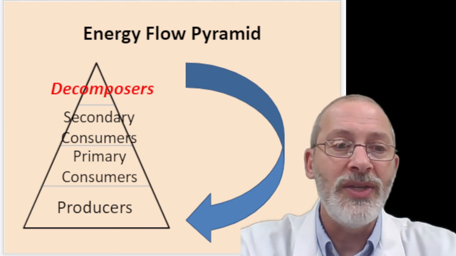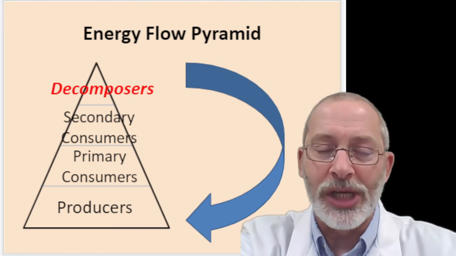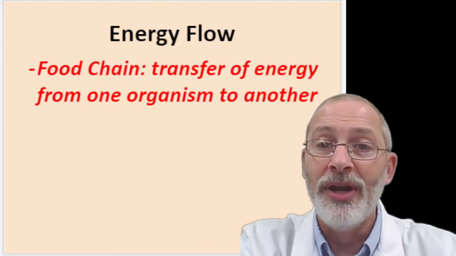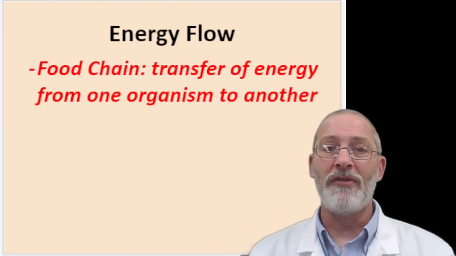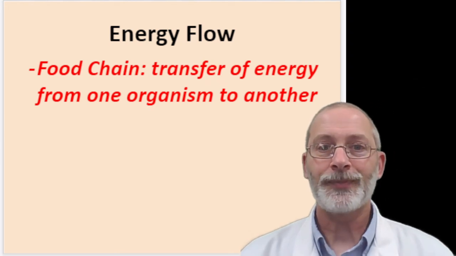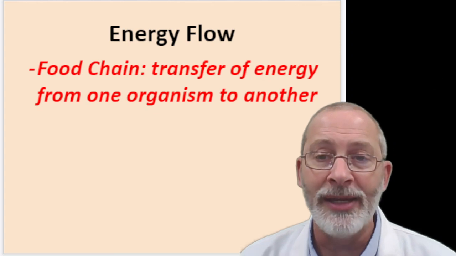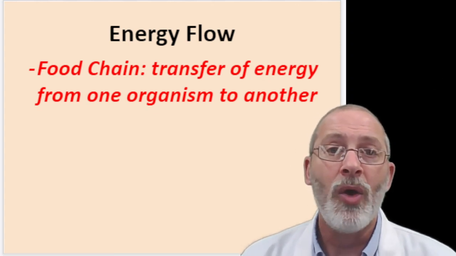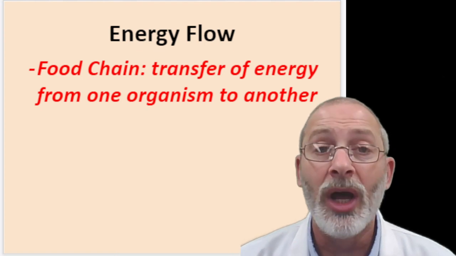So there is a flow of energy from one group of organisms to another, and we call this flow of energy a food chain. A food chain is the transfer of energy from one organism to another.